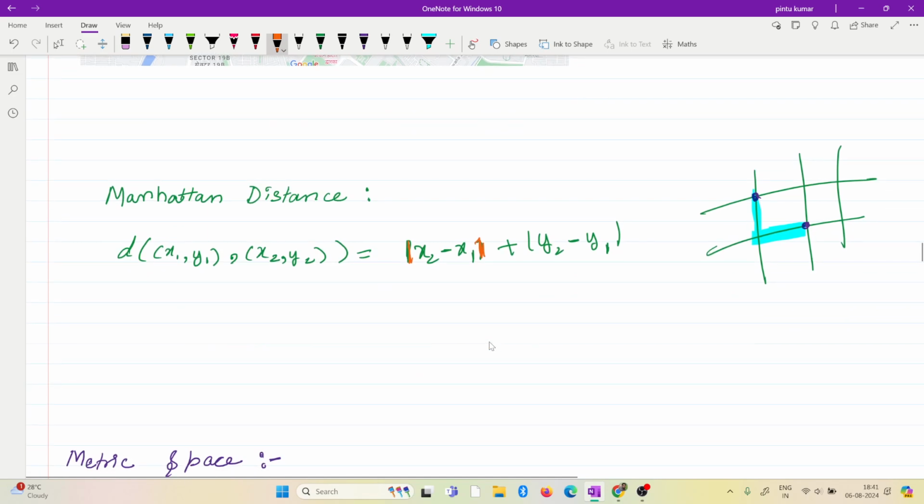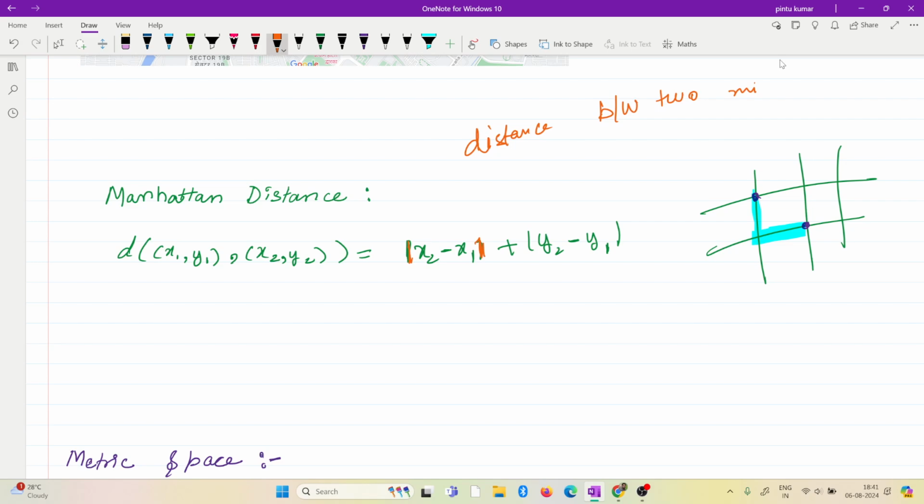Now the question is, this was based on, let's say, distance between 2 points in a city. When you're dealing with machine learning models, there also you might need to find distance between 2 points, maybe distance between two images, or speech signals, or all sorts of things.